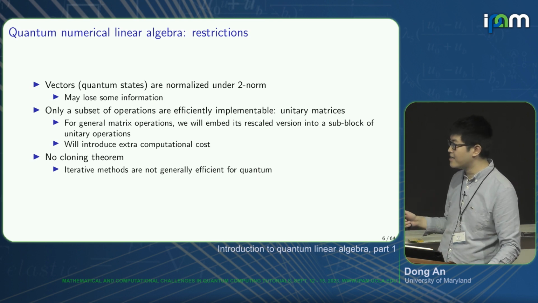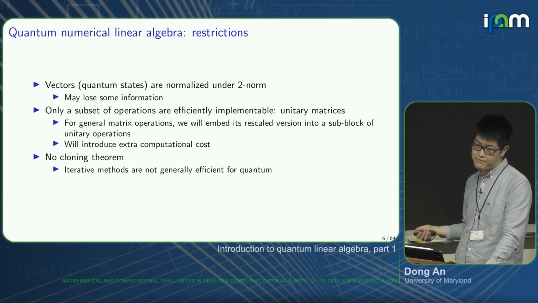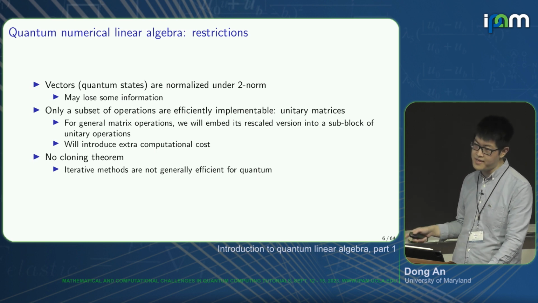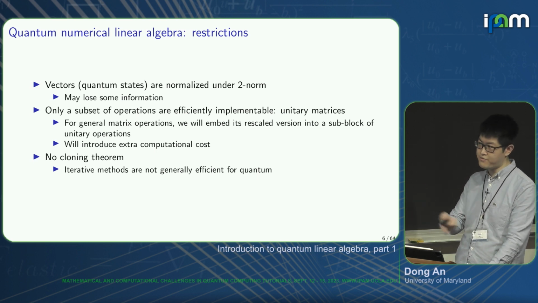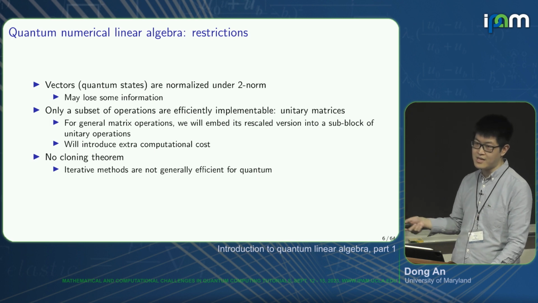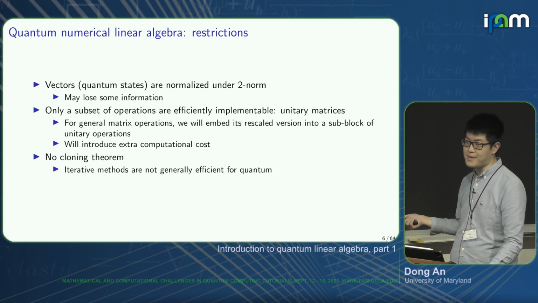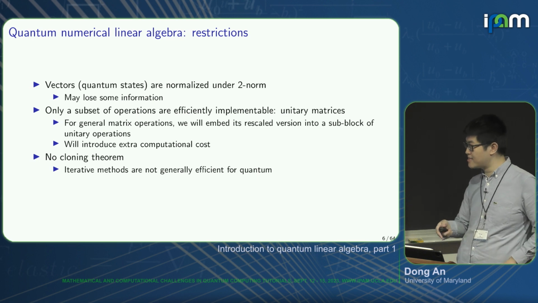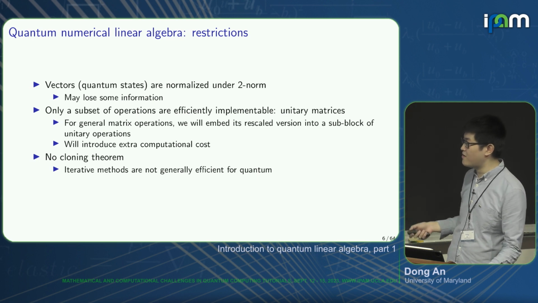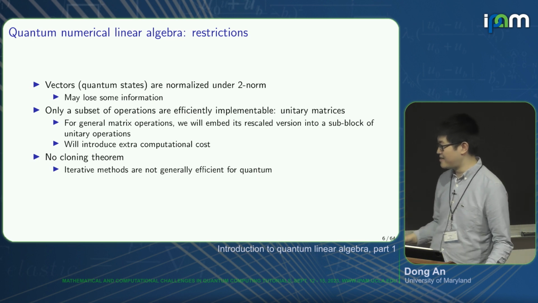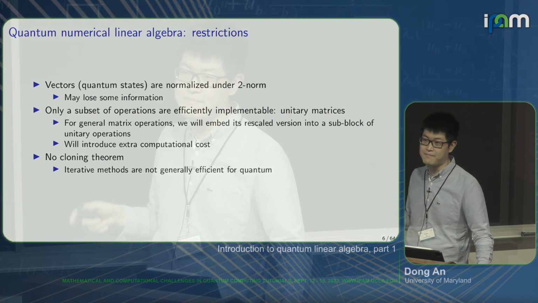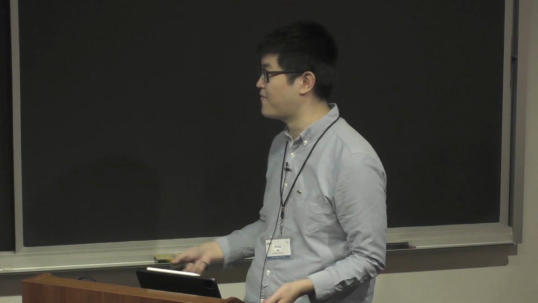But when you use an iterative method, you probably have to use multiple copies of your current step, or even your previous steps, to construct the step size or some direction for your next step. That is very expensive. Oh, sorry, making the copies is impossible. So on a quantum device, you have to make your copies at the very beginning, for all the algorithms, which can be very expensive.